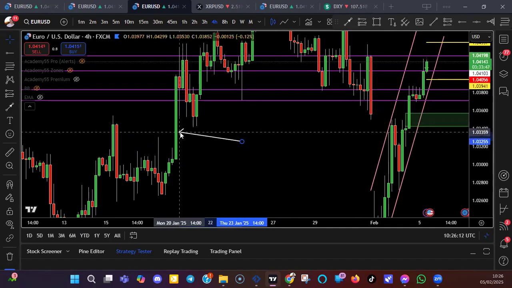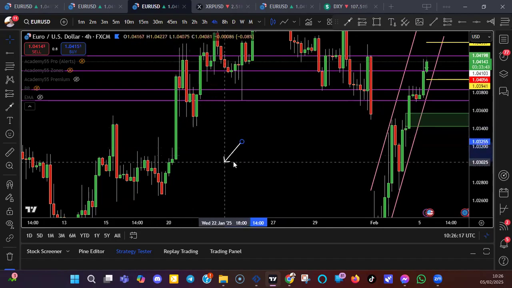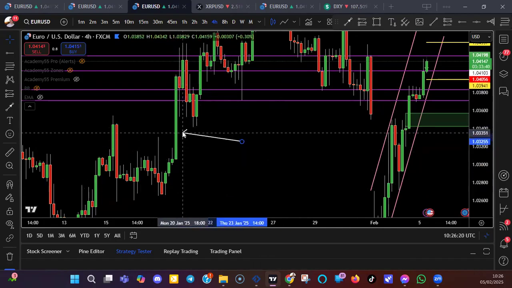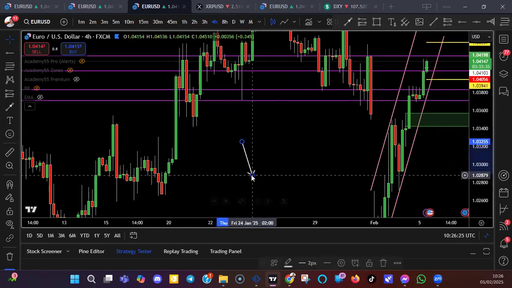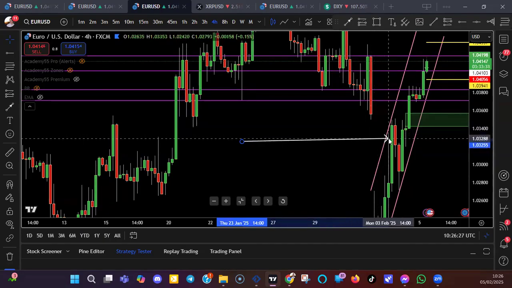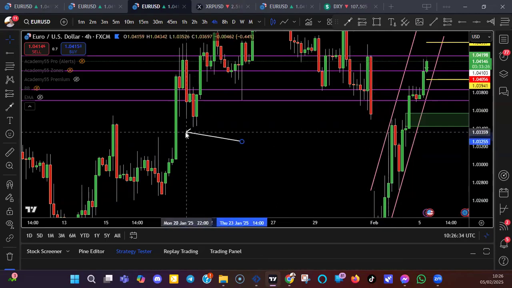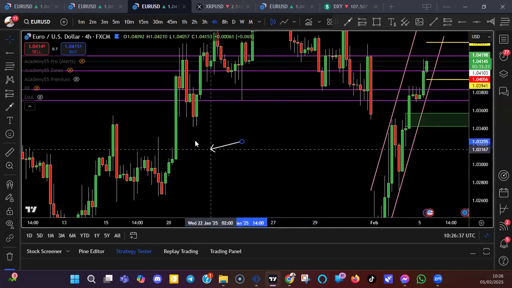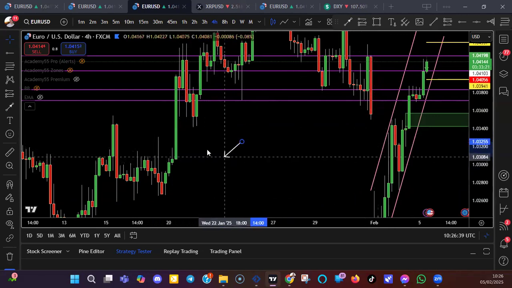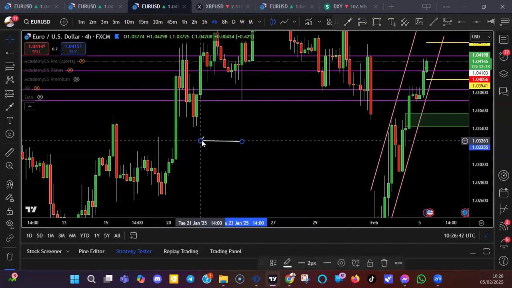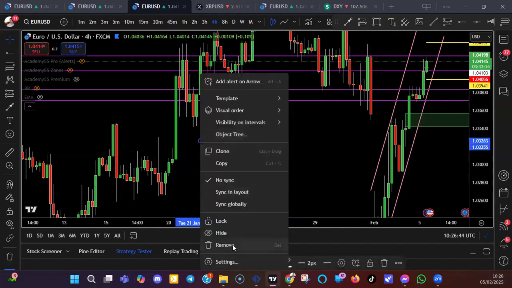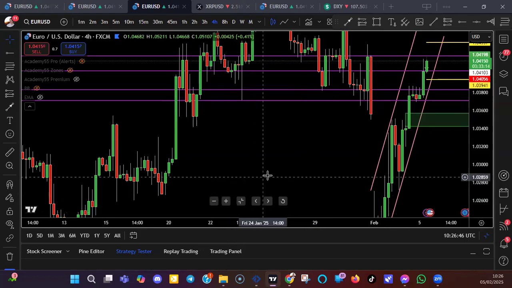So this is an imbalance here that needs to be filled at some stage. This was on Monday, the 25th of January, and it took another 7 days for it to be filled. But indeed, that imbalance was filled. Yeah, I don't understand what else I can say about that.